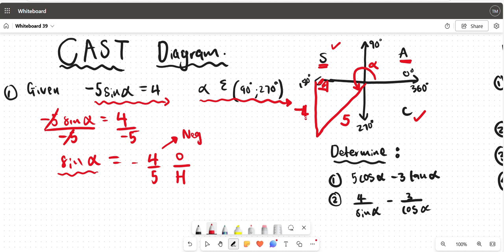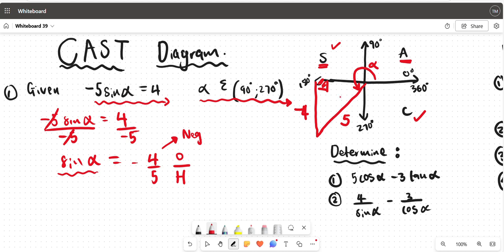Another thing is that r, the radius, the line labeled as 5, will always be a positive value. It can never be negative. So clearly my 4 needs to be the negative one and the r needs to be the positive one.